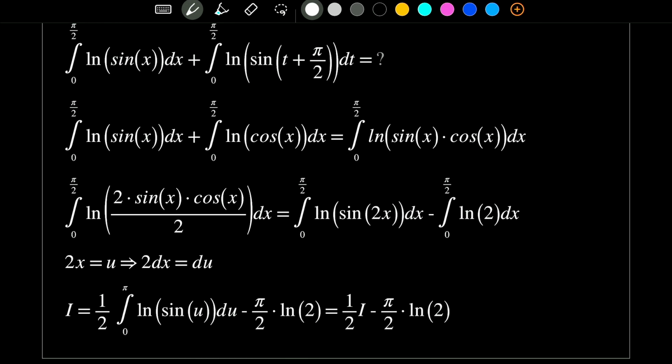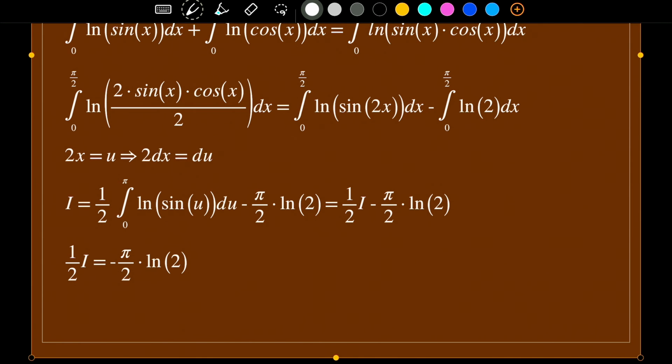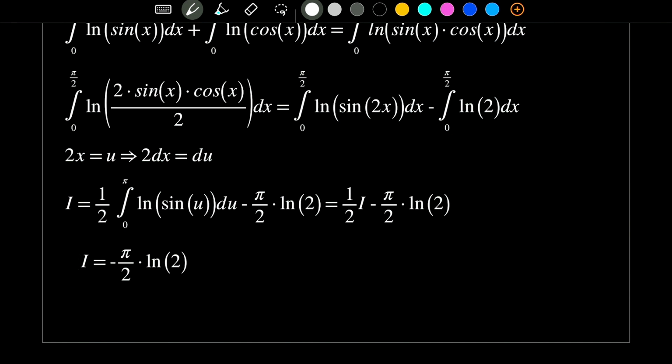So now we've just got this simple equation which we can solve for I. I minus 1 over 2 I is equal to minus pi over 2 times the natural log of 2. And then this first part is obviously just a half times I, which means that I is equal to minus pi times the natural logarithm of 2.